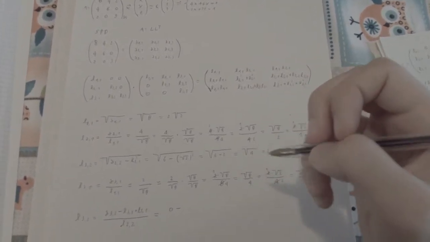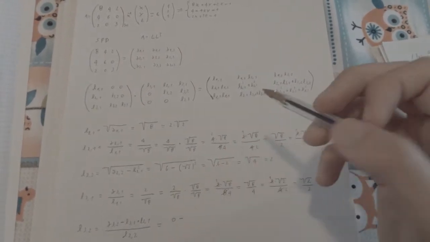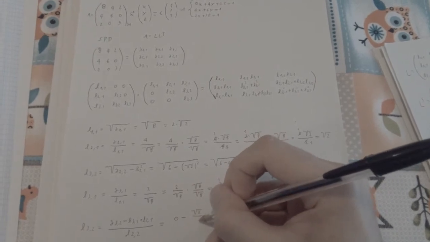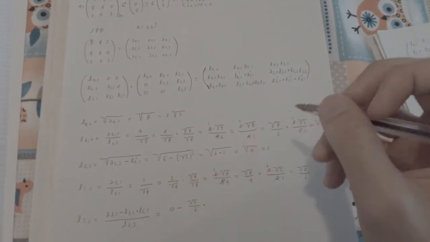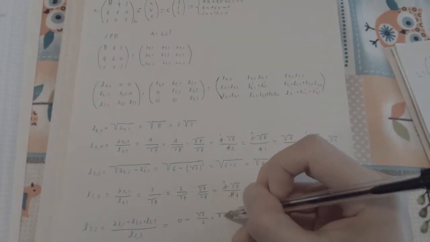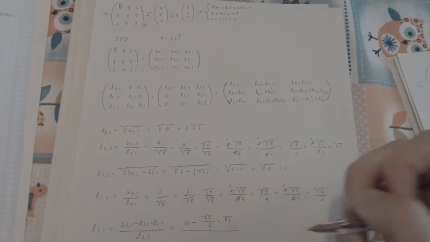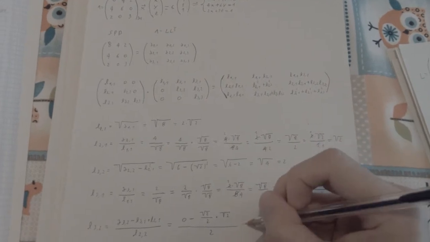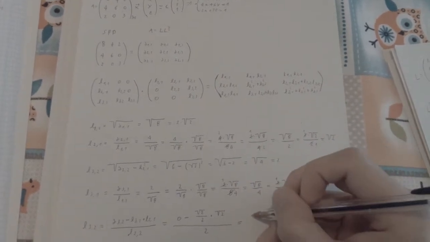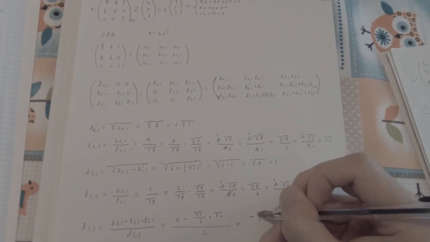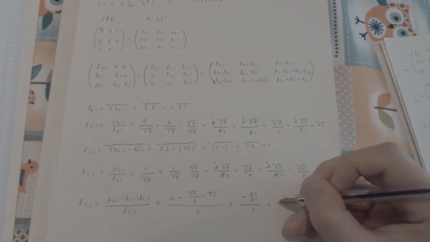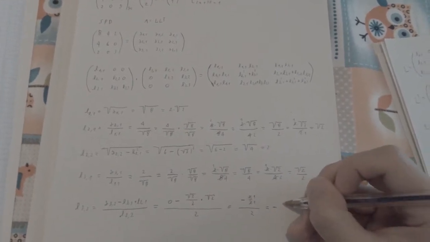Then we have L31, which is the square root of 2 over 2, times L21, which is the square root of 2. Everything over 2 because L22 was 2. We are lucky because we get negative 2 over 2 over 2, which simplifies, and this is actually negative 1/2.